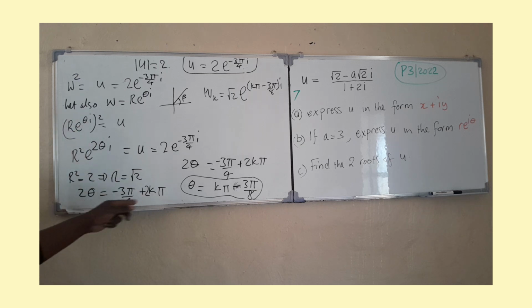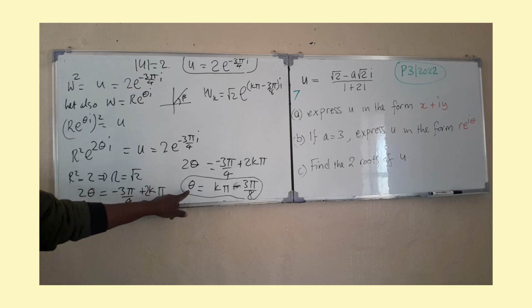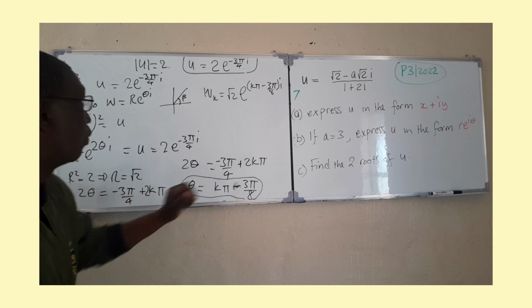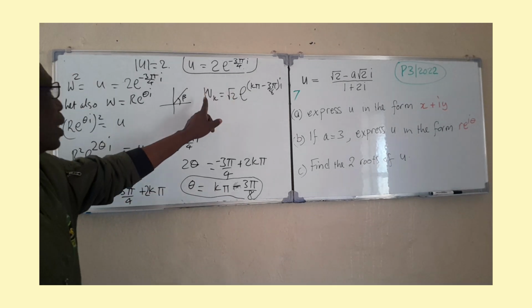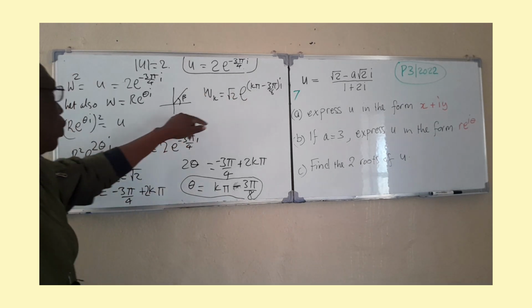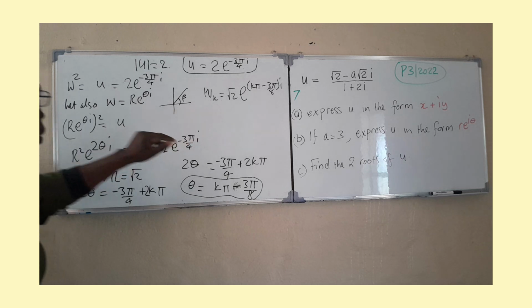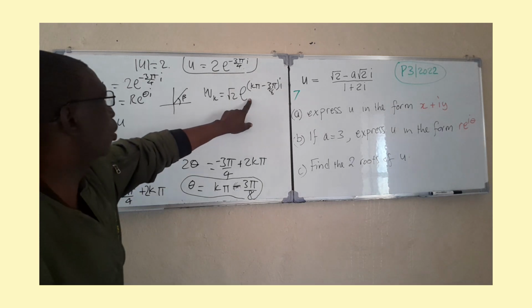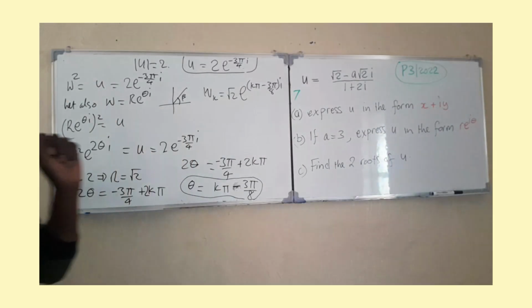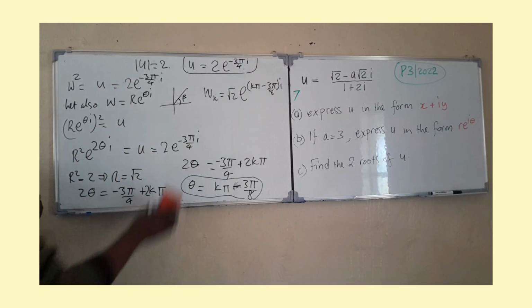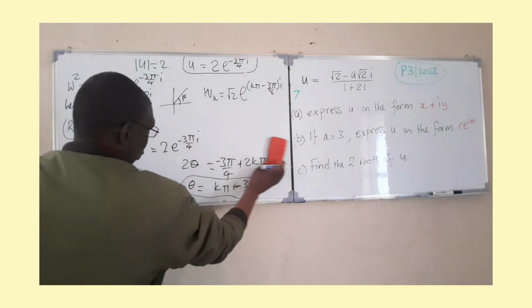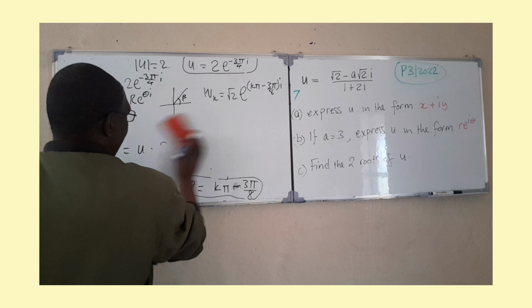So simplifying, bringing my 2 over to that side, I now have theta is equal to k pi minus 3 pi over 8. So I can now write my w in exponential form as root 2, which we found to be the modulus of w there, multiplied by e raised to that power, right? w is a function of k because it depends on what value of k we give.